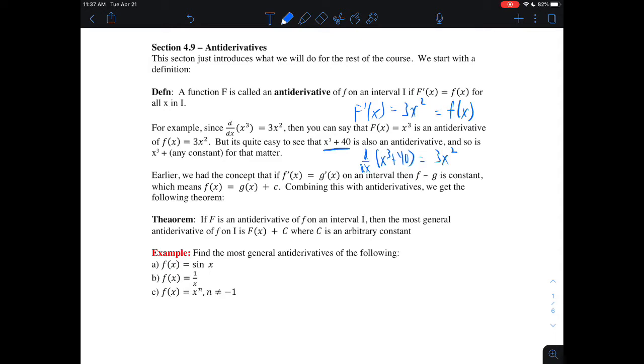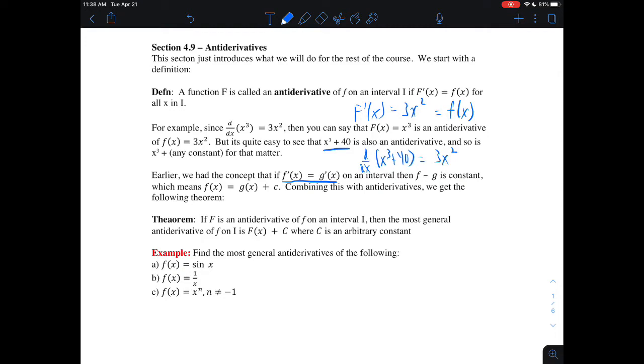A few sections ago, we had a concept that said if two derivatives are equal, lowercase f prime of x equal to lowercase g prime of x on an interval, then the function f minus g is constant, which means you could express lowercase f of x as g of x plus c for some constant. Combining that previously known fact with this new definition of antiderivatives, we get the following theorem.